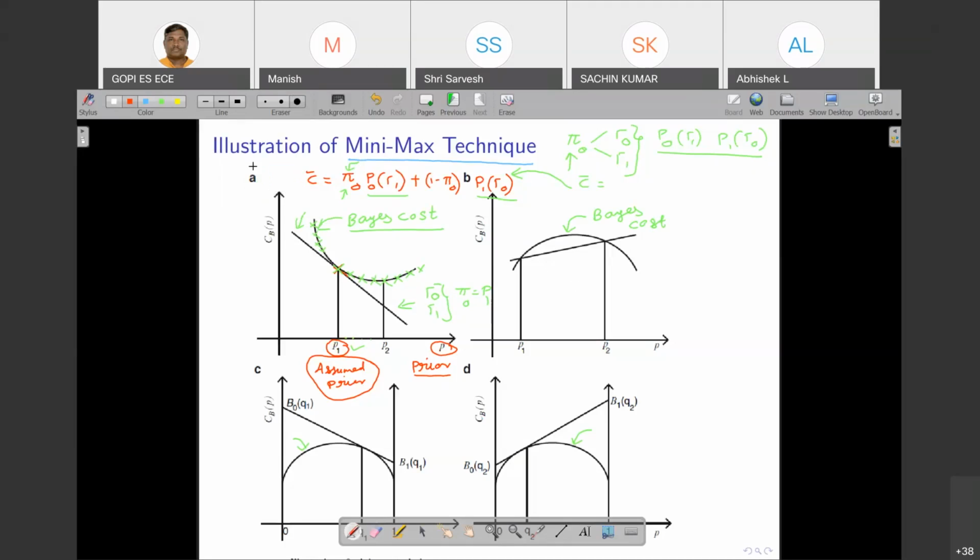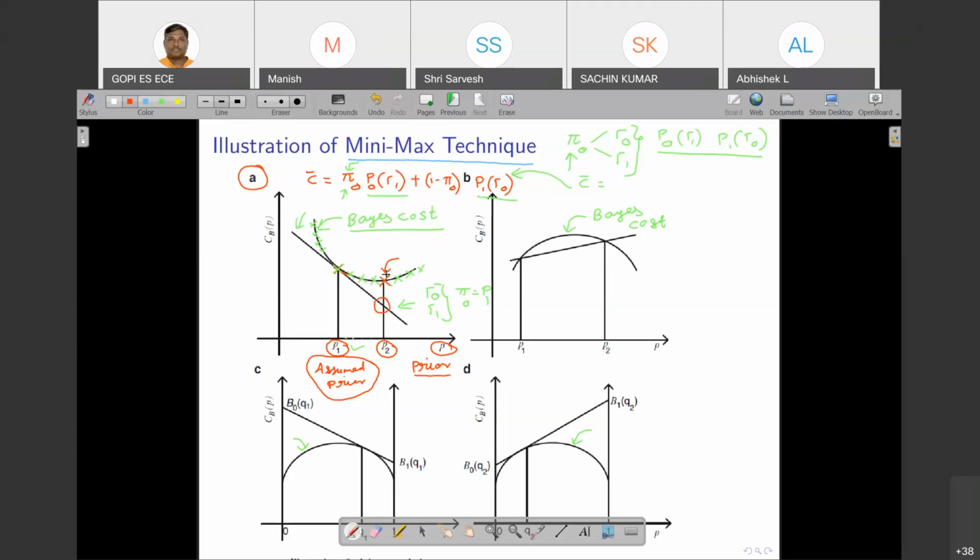For example, if you consider this A, is that a valid curve to say that it is a Bayes cost? Consider P2 as the prior probability. This is the Bayes cost you are getting, but there exists some other partitioning which gives you a cost lesser than this Bayes cost.